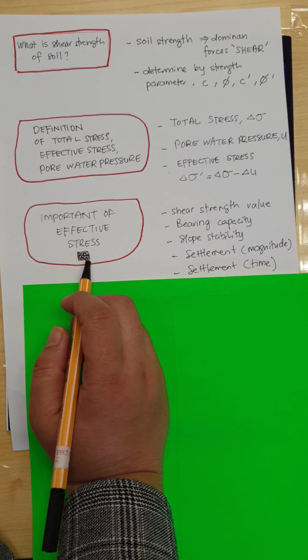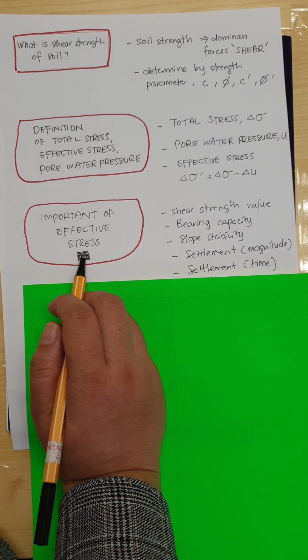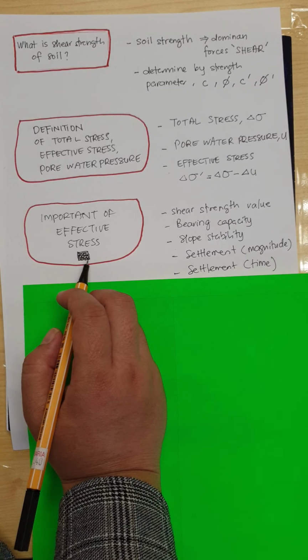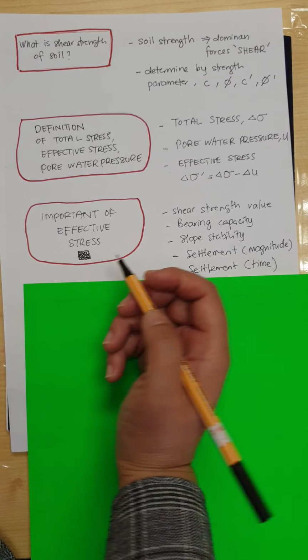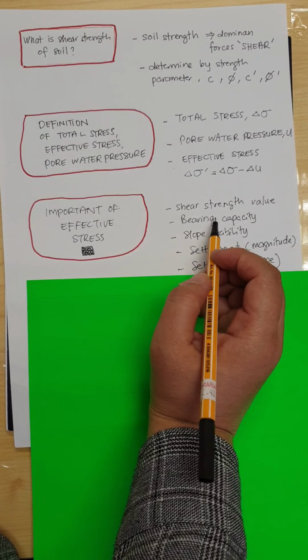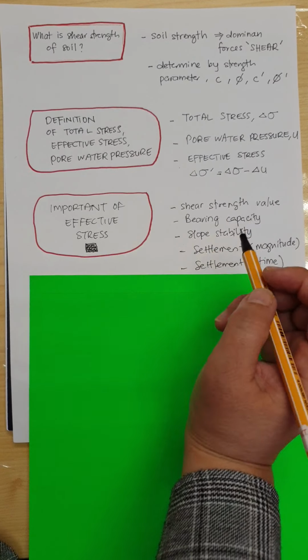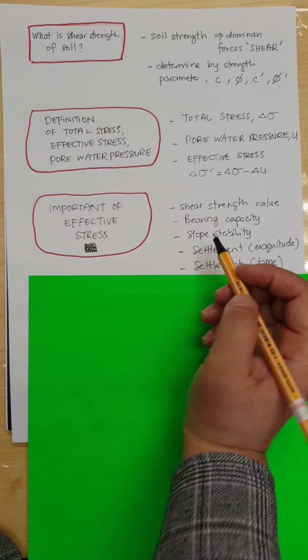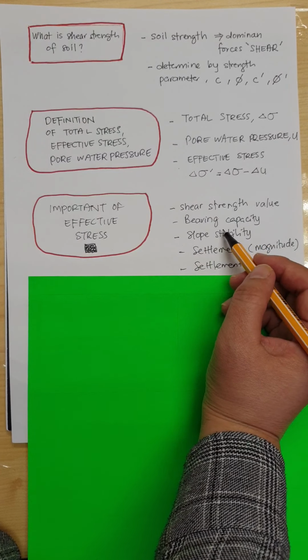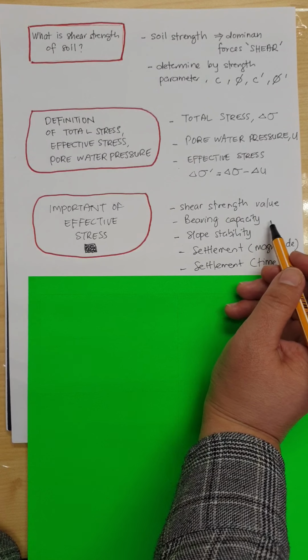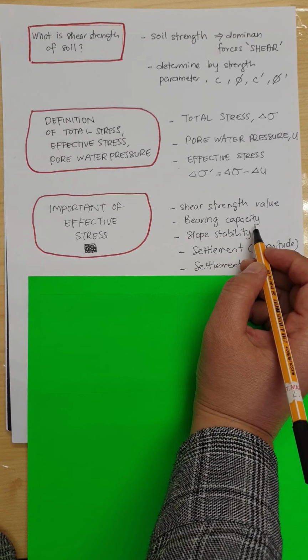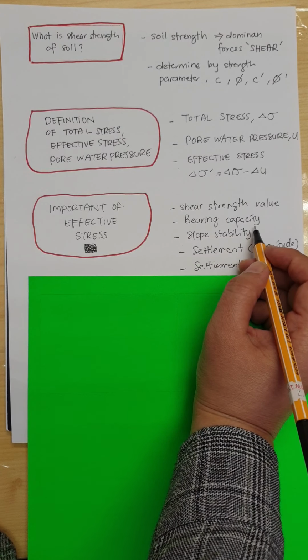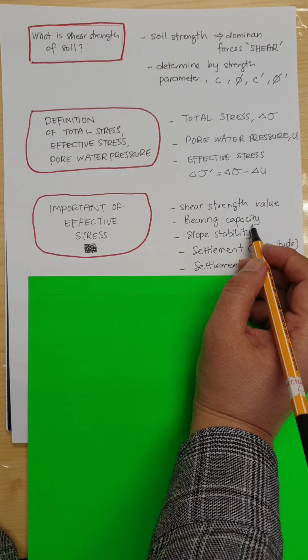So we know exactly what is the strength of the soil from the perspective of shear stress. With this, you can calculate the shear strength value, and then from the effective stress analysis, we can calculate the bearing capacity of soil. Bearing capacity is how much burden your soil can retain.